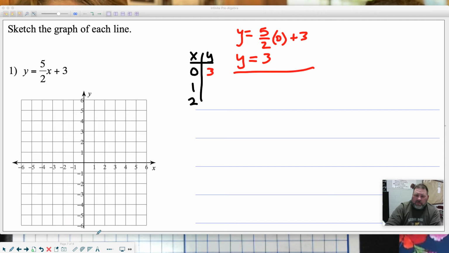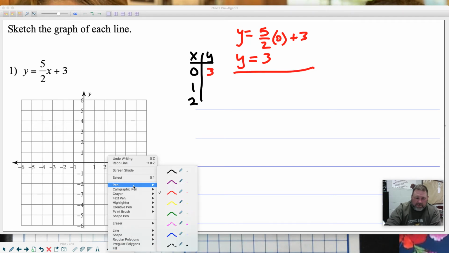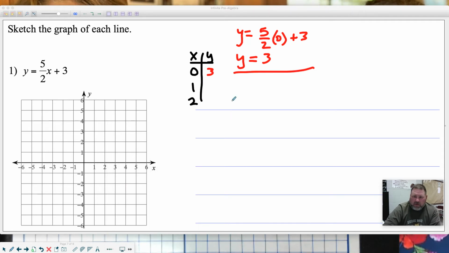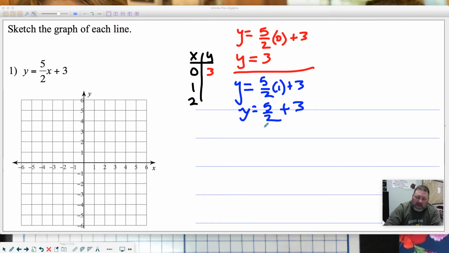Okay, pick another color here. And so we're going to plug in the 1. So Y equals 5/2 times 1 plus 3. Y equals 5/2 plus 3. Well, 5/2 is 2.5, plus 3, so that equals 5.5.